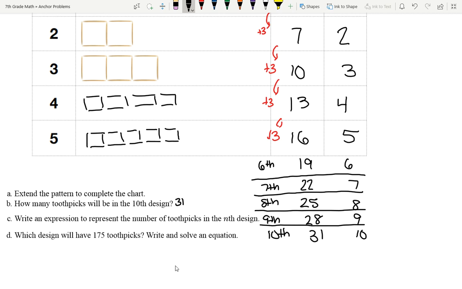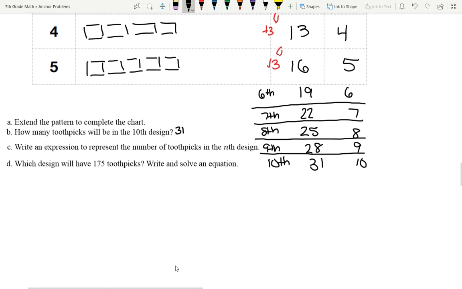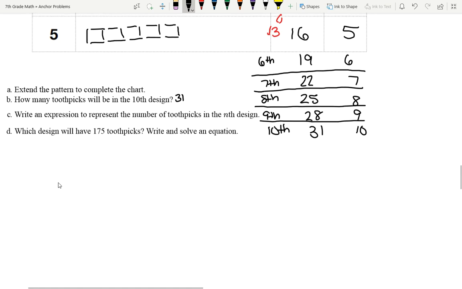So how many toothpicks will be in the 10th design? 31. Now, this is where it gets interesting. Write an expression to represent the number of toothpicks in the nth design. Let's define what n means, all right? N is going to be our design number, which happens to be the same thing as the number of squares.